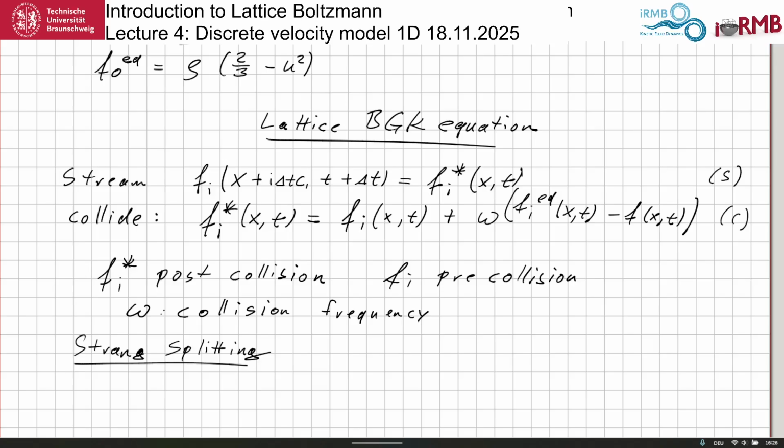Okay, how do we deal with the problem that we can either do CS, so we do streaming and collision, or we do collision and streaming, and they would come to different results.